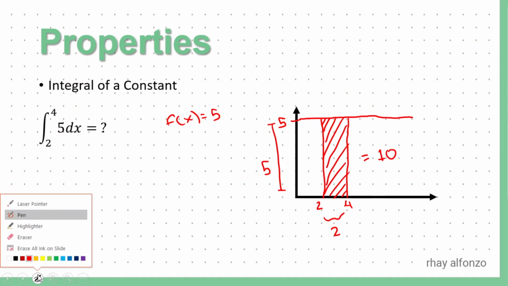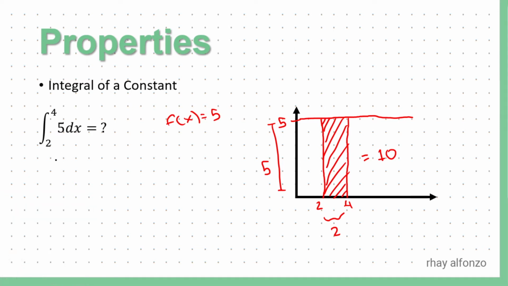So let's proceed with applying the definite integral. What we have to do is to just integrate. So 5 dx becomes 5x evaluated from 2 to 4.